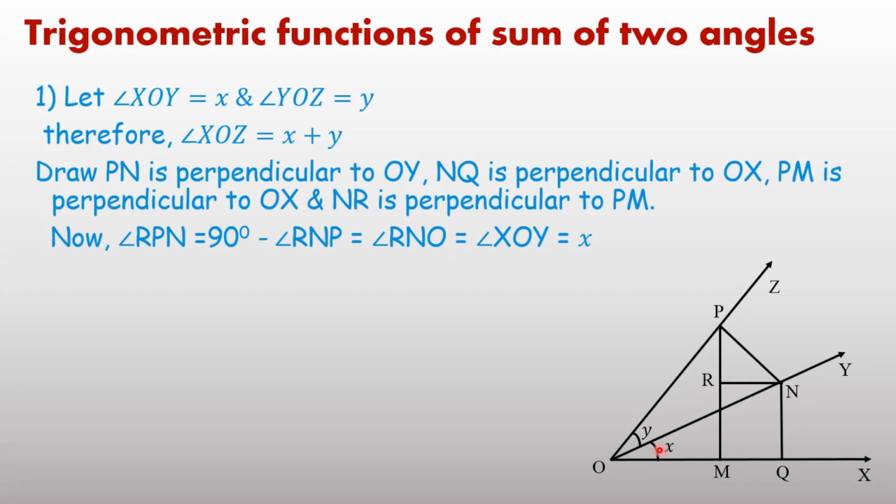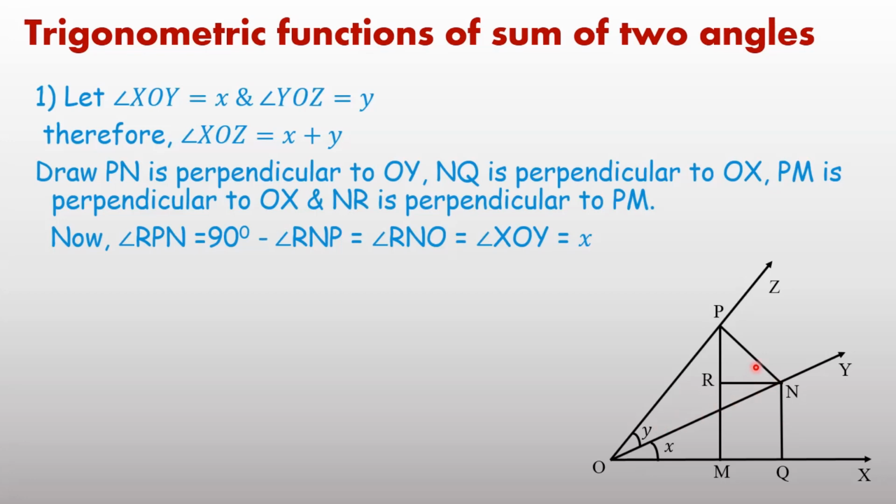Just again concentrate once more. OX is horizontal and RN is horizontal. Therefore, X and this angle, these two angles are alternate interior angles. It implies X equals RNO, this angle.